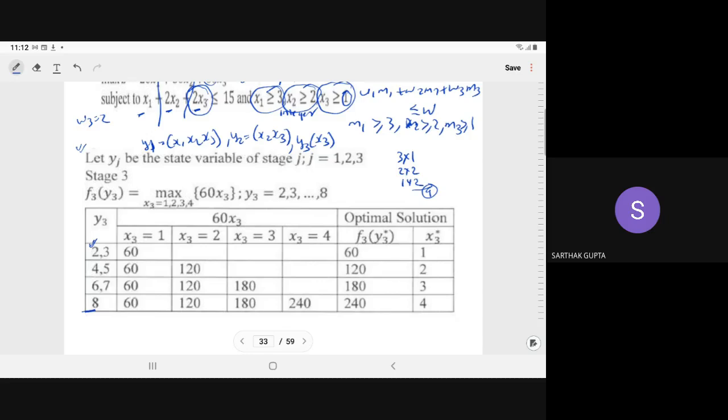So for accommodating item 2 and item 1 in stage 2 and stage 1, minimum 7 units you require: 4 for the type 2 items and 3 for the type 1 items. So this 7 unit you cannot allocate for stage 3, right? Now your doubt is clear.